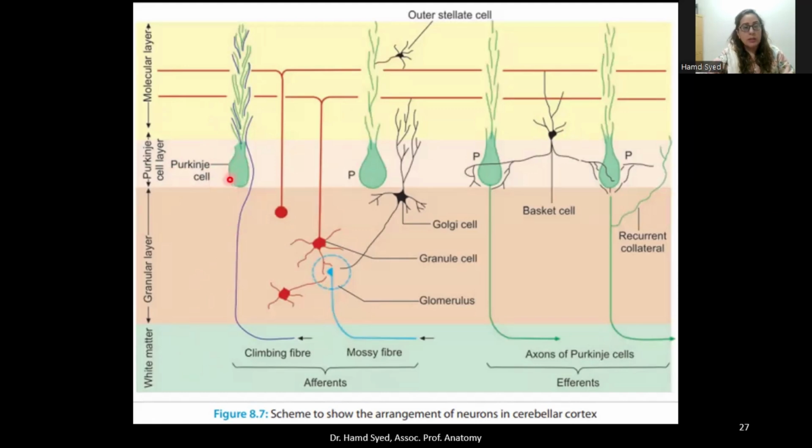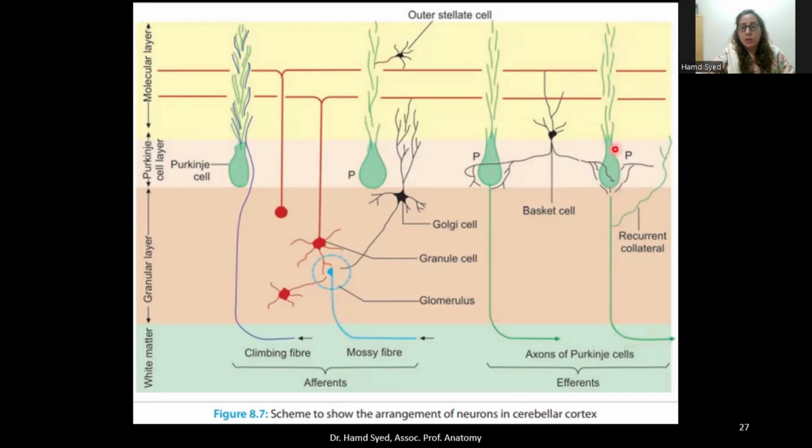So here we can see these Purkinje cells, the flower-shaped neurons present in a single file. The dendrites emerge from their superficial aspect and ramify within the molecular layer, whereas the axon passes through the deeper layers to leave the cerebellar cortex.